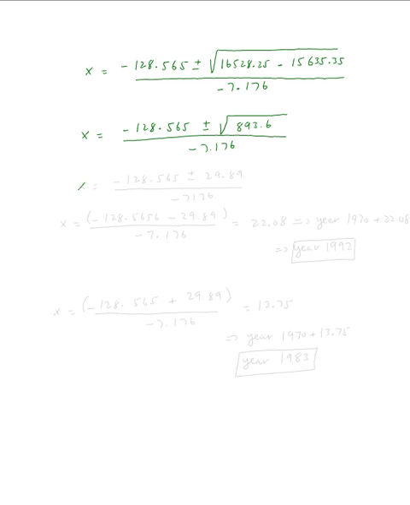And this is two numbers. The square root of 893 will be 29.89.